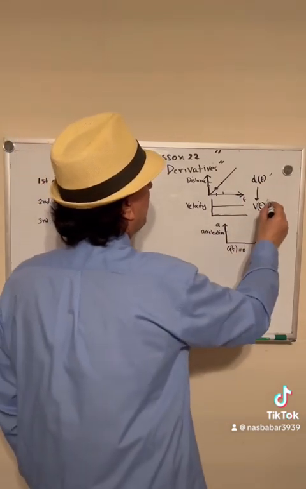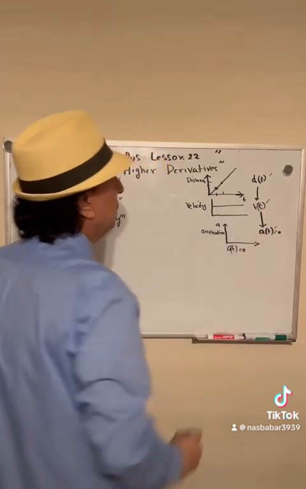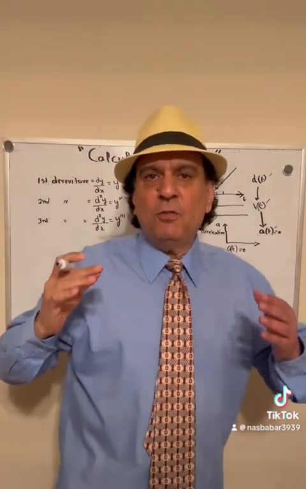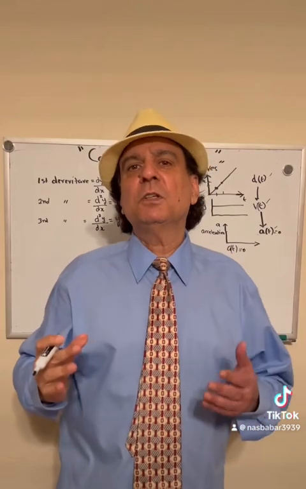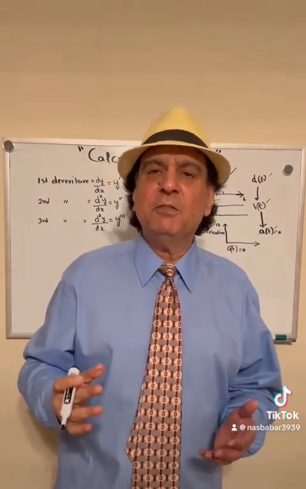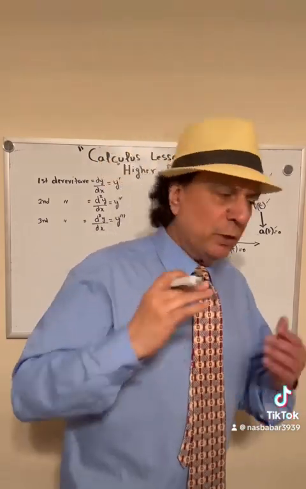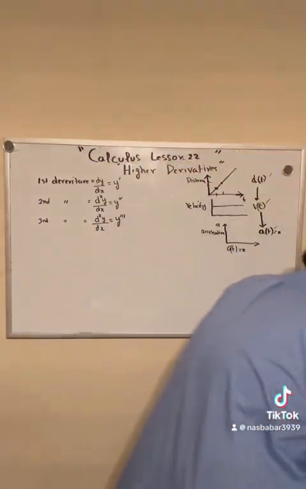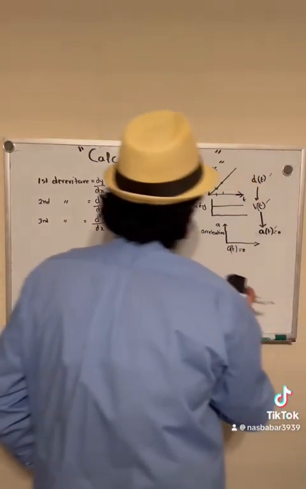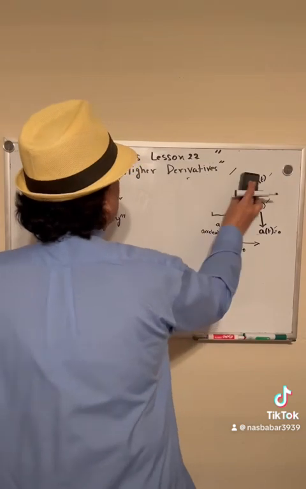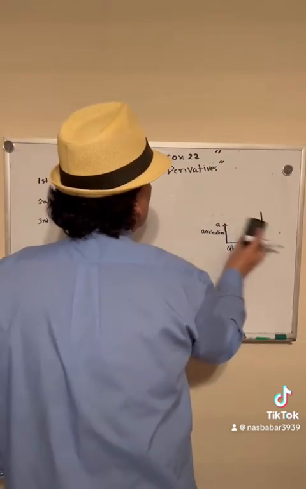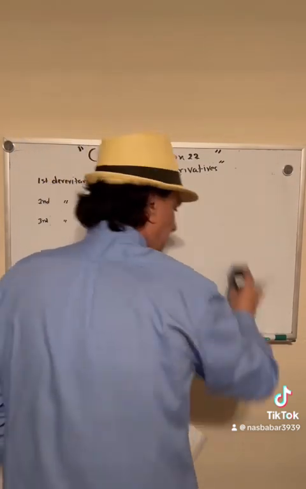I take the derivative of velocity, I get acceleration. So in a way, I've already told you what the first derivative, second derivative, and third derivative are. But let's look at an example, so that will help clarify things for you. Let me go ahead and erase that, because I'm going to use this space to solve the problem.